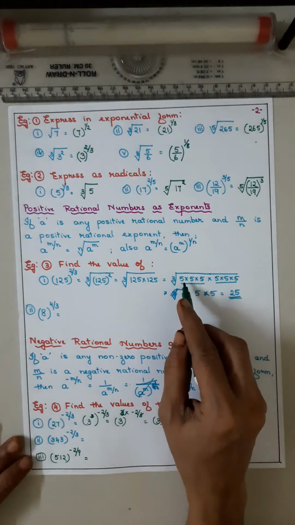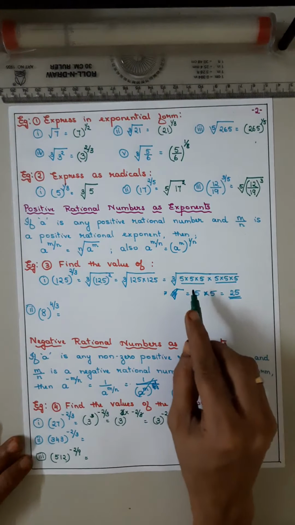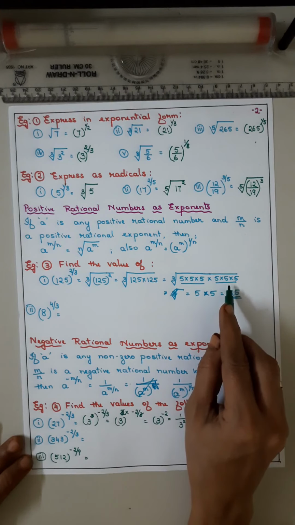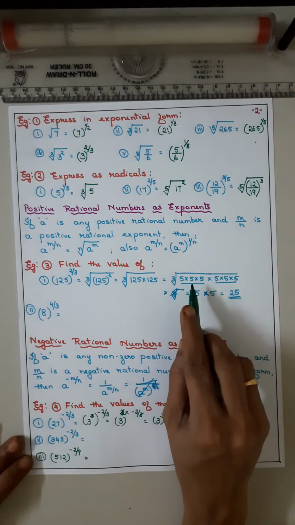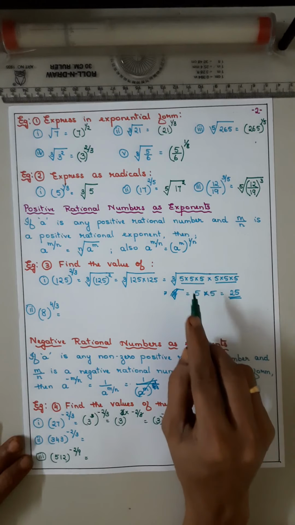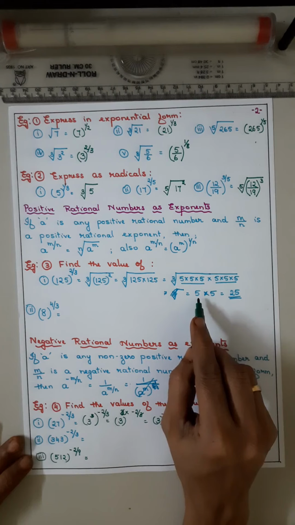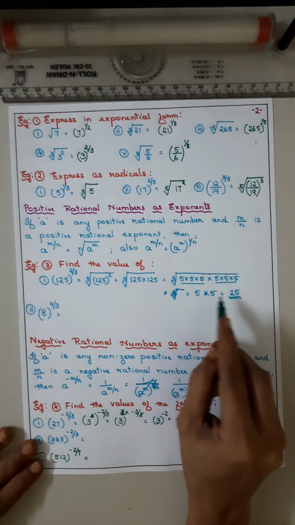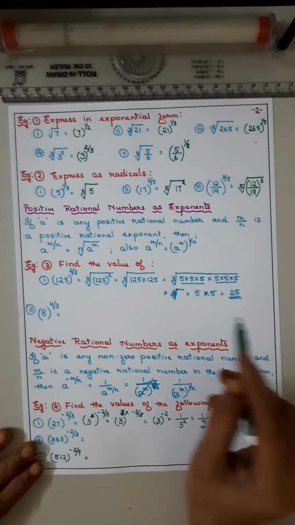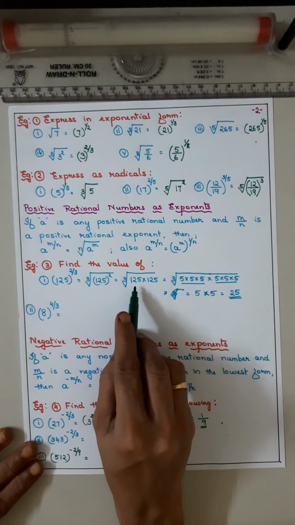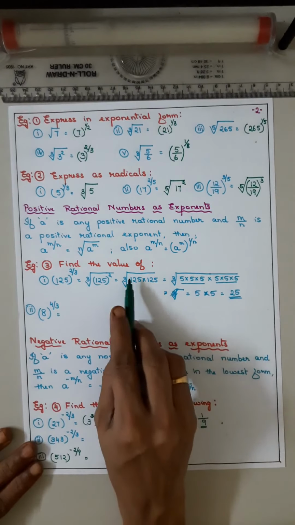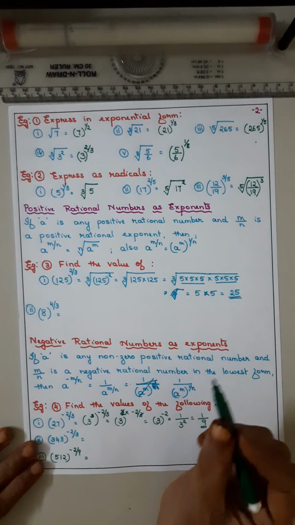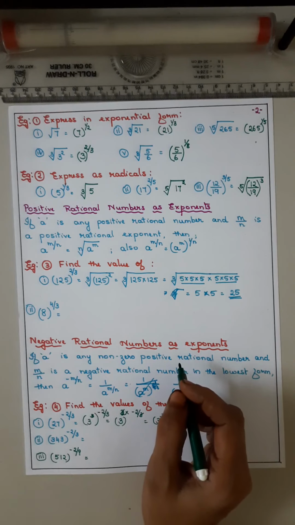Now, cube root of 125 can be written as 5, 3 times. Again, 5, 3 times, means cube root of 5 cubed, means the answer is 5. Again 5 5 is 25. Cube root of 125 is 5. 5 5 is 25.